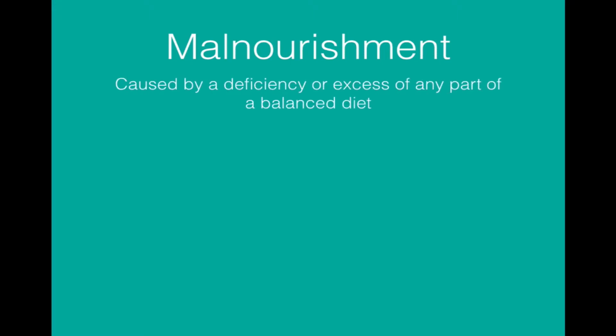We often think that malnourishment is undernourishment, but malnourishment isn't just a lack of something, it can be too much of something. So it can cause either a deficiency or an excess of any part of your balanced diet. Coronary heart disease is caused by malnourishment. A diet that's too high in saturated fat, too high in cholesterol, or too high in salt can lead towards coronary heart disease.